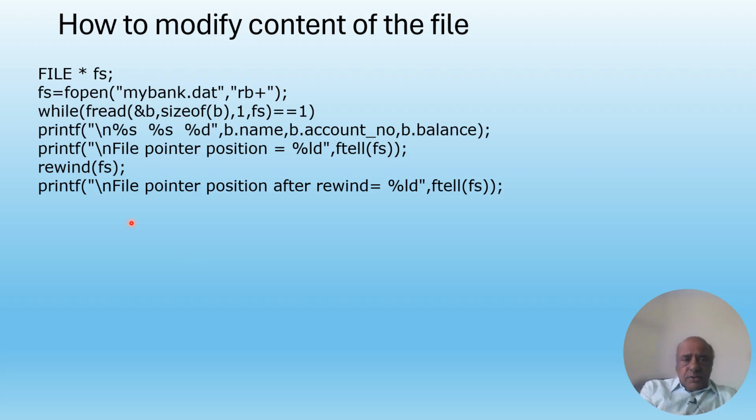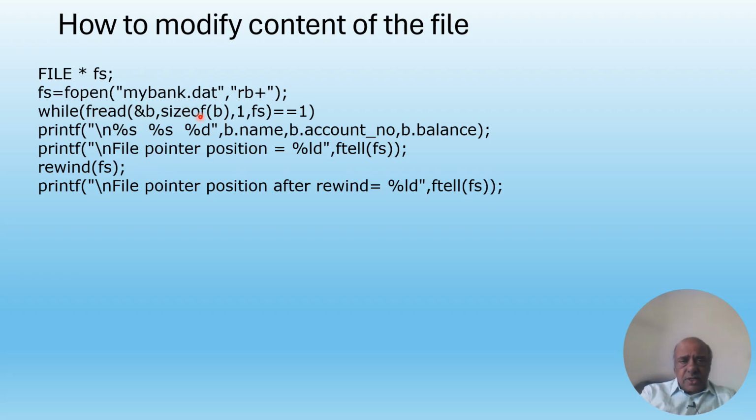Then there is another function we are using, which is rewind(fs). What this function does is bring the pointer to the beginning of the file, to the first location of the buffer which is holding the data related to the mybank.dat file.